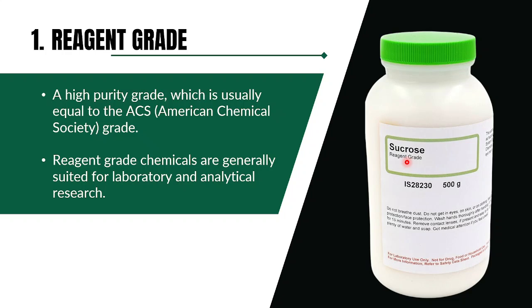Now, in most chemicals, especially if they are purchased in a reliable or credible store, they actually have labels of what type of chemical it is, like pure or diluted. And again, if we see a chemical that is labeled as reagent grade, it has high purity and is equivalent to the ACS grade.